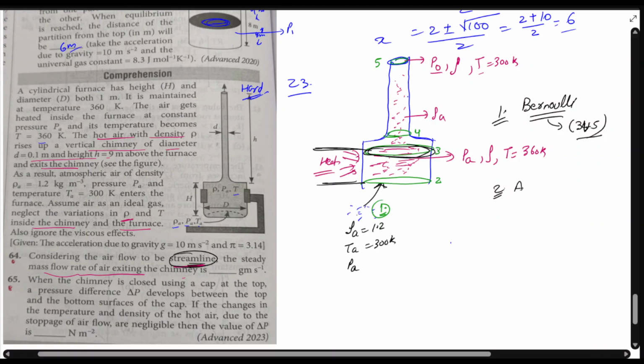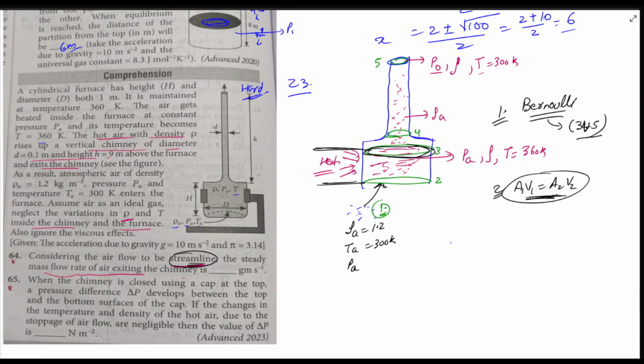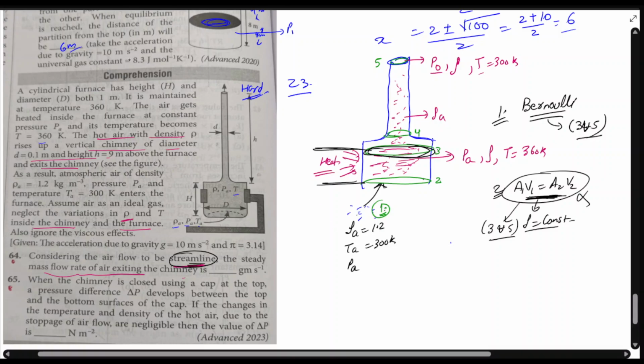So we use A1 V1 equals A2 V2, but for this the air density should remain constant. So from 1 to 2, 1 to 3 we cannot use this; we use it for 3 and 5 again.